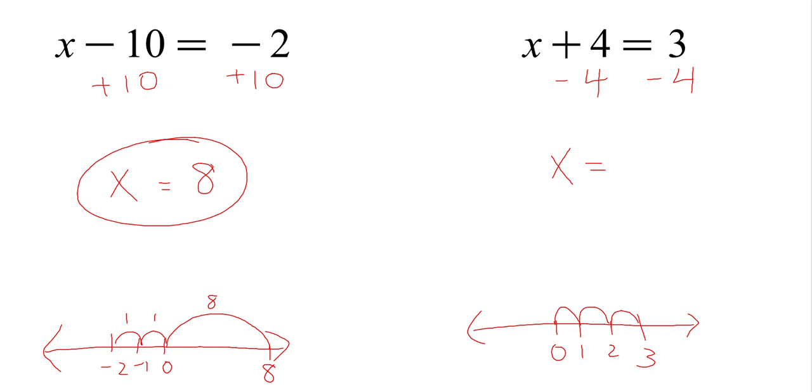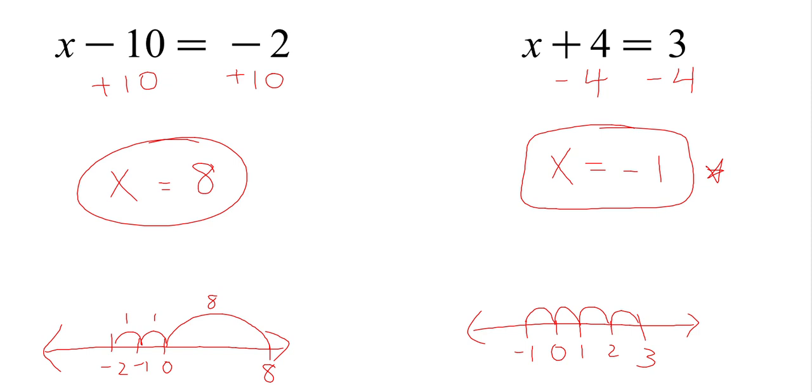That'd be 3 units over, and then we'll go 1 more. So then we'll be at negative 1. You can think about it, if you have $3 and you want to buy something that costs 4, you're $1 short. Negative 1.